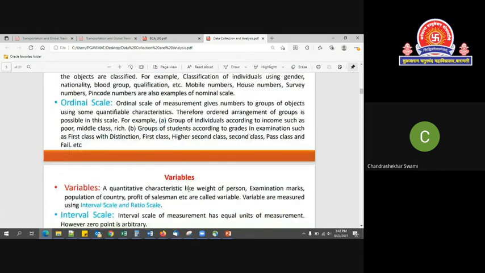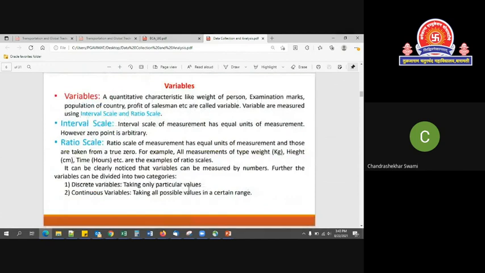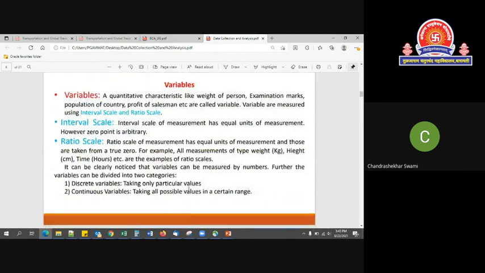Now we are moving towards variables. The quantitative variables like weight of a person, examination marks, population of a country, profit of a salesman, etc. are called variables. Variables are measured using interval scale or ratio scale. Every variable can be measured using either interval scale or ratio scale.